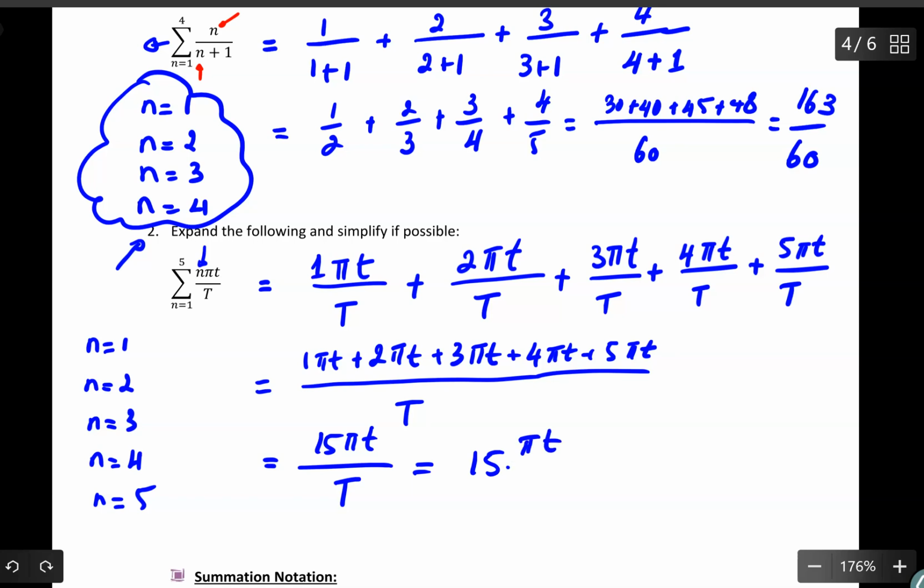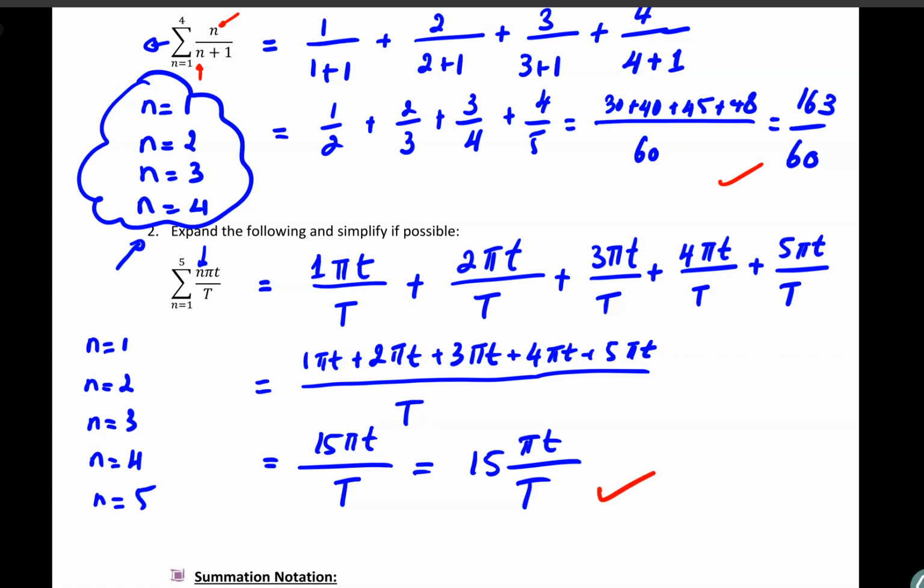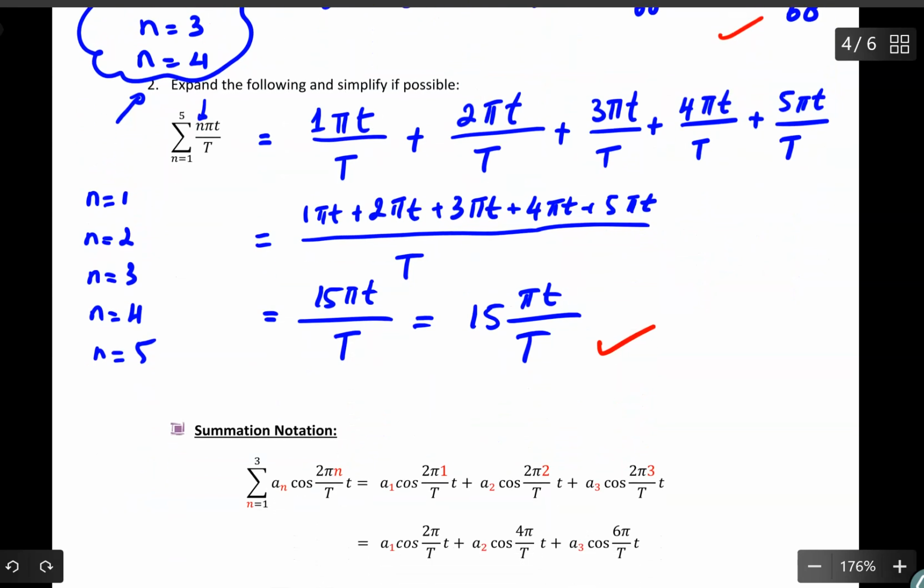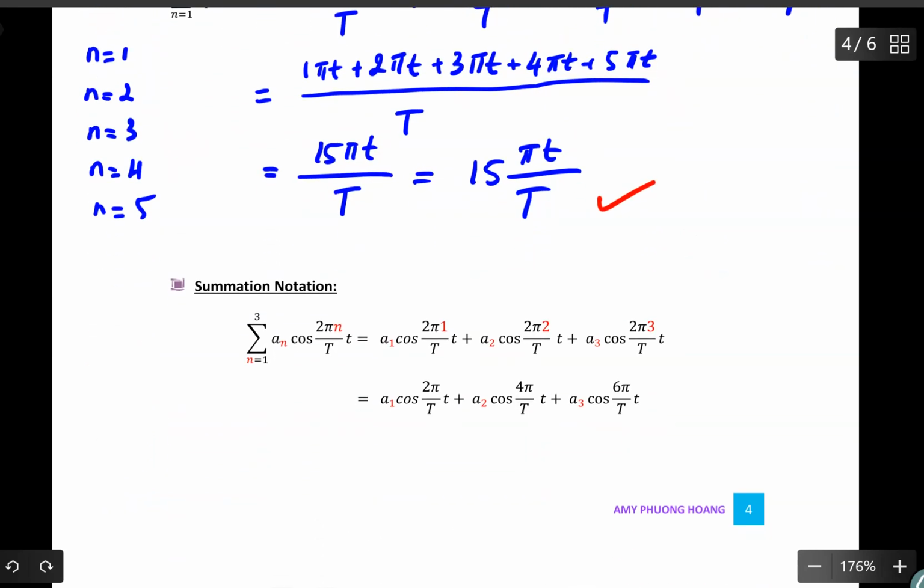I can write this as the answer as well. Okay, so we will see all of this again in our Fourier series lesson. So it's a good idea to go over the summation notation. All right, so this is one of the summations which is very important.